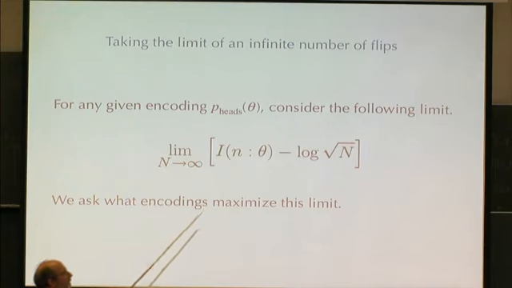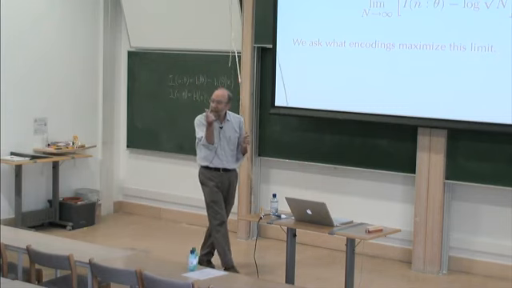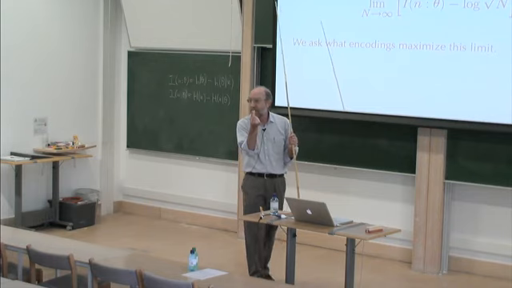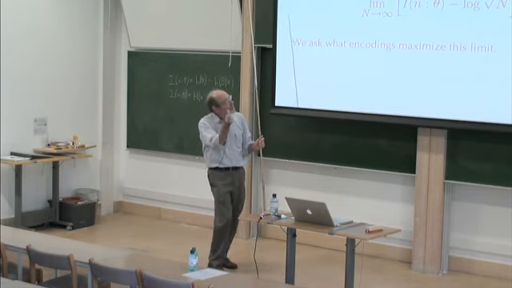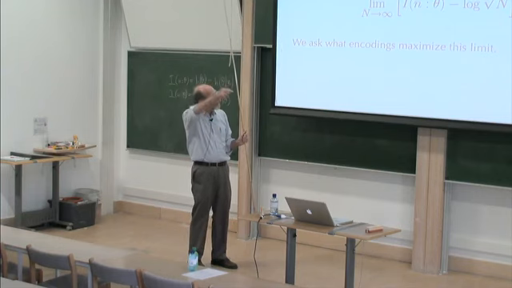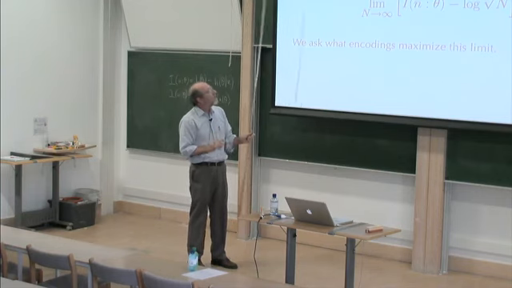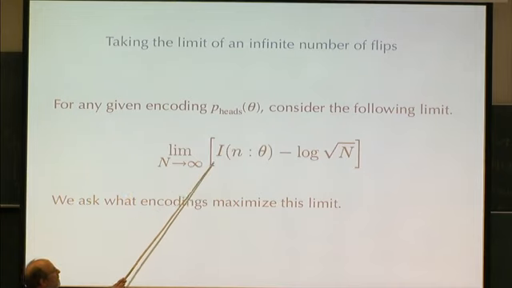Now, in an infinite number of tosses, she can actually convey an infinite amount of information, because Bob can narrow in on the value of theta into an arbitrarily small, narrow distribution over theta. So we can't just maximize the information.